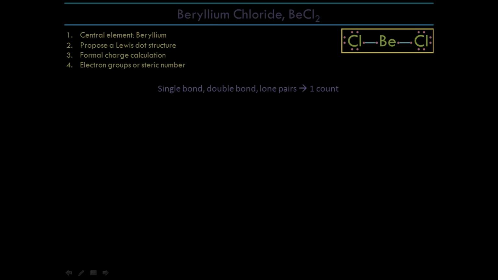So this electron group or steric number, this counting, affects the geometry of the molecule, how the atoms that compose that molecule are arranged in space. So that is the significance of electron groups. So the steric number or electron group for beryllium chloride with this Lewis dot structure is 2, because there are 2 single bonds.